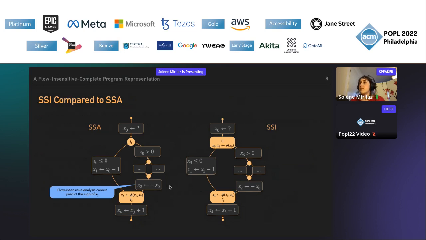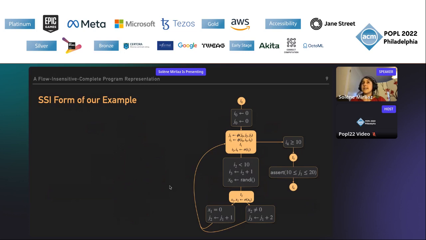However, because I've done some splitting with SSI, I know that x6 is always positive, so x2 and x5 are always negative.